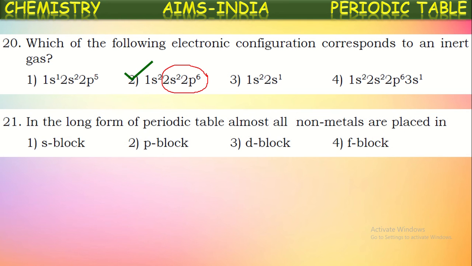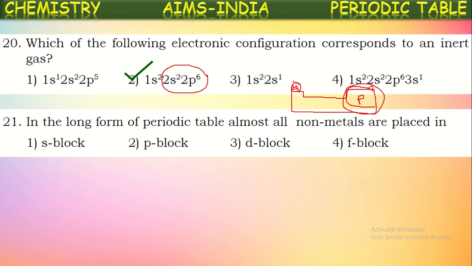In the long form of periodic table, almost all non-metals are placed in. Yes, we know in the long form of the periodic table, if you see the generalized structure, almost all the non-metals are at the right side of the periodic table, that we say as P block, except only one element which is at the starting of the periodic table, that is hydrogen.